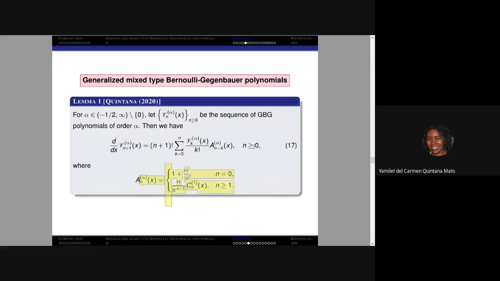So this expression for the derivative of the GBG polynomial implies that this family of polynomials cannot be a sequence of Appell or a sequence of generalized Appell polynomials.